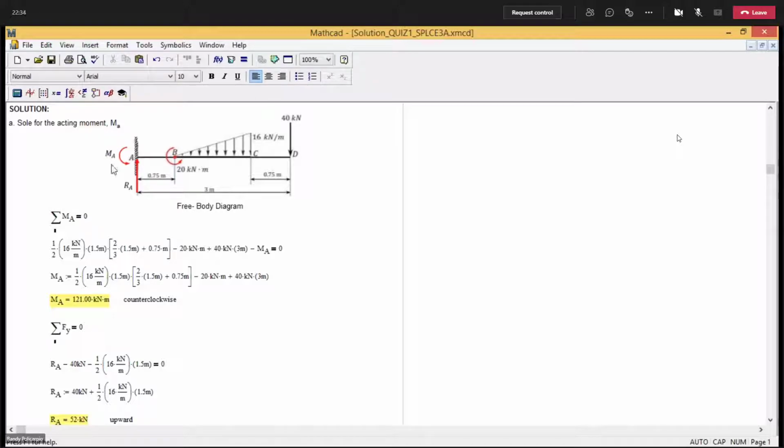MA is counterclockwise in direction. So here, I'm going to solve first for the moment, the external moment at A. So we're going to use summation of moment equal to 0, clockwise direction positive. Okay, so I'm going to put here, sigurado tayo.